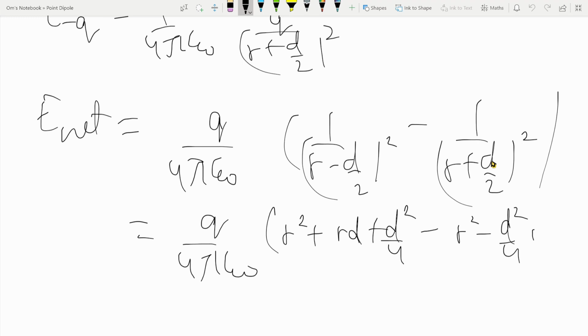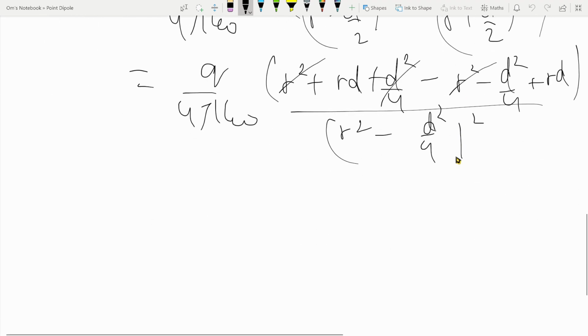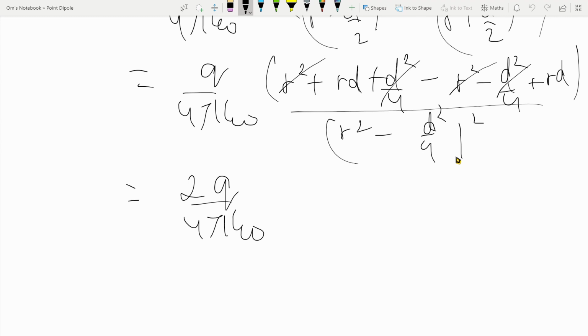So that's plus rd by (r square minus d square by 4) the whole square. We can cancel the r square and the d square by 4 terms, and what we will be left with is Q by 4 pi epsilon naught into 2rd by (r square minus d square by 4) the whole square.